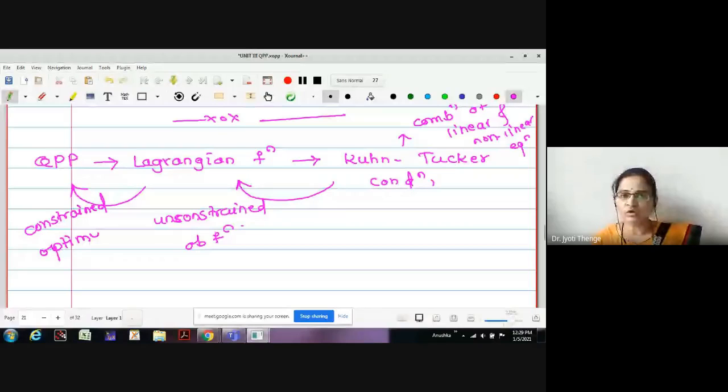Then what Wolfe has done, by using the Kuhn-Tucker conditions: finally, in order to solve these conditions, we need to solve the system of linear equations. He wanted to solve the system of linear equations by the simplex method.